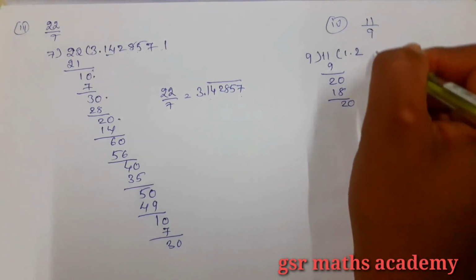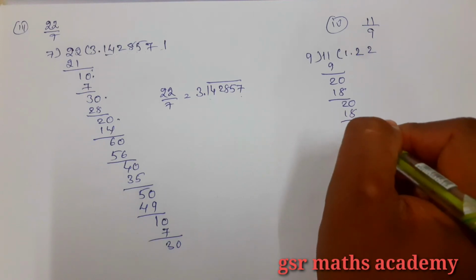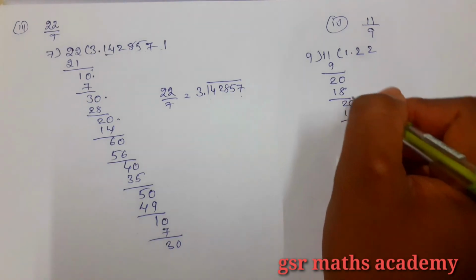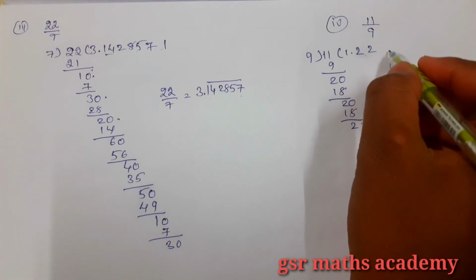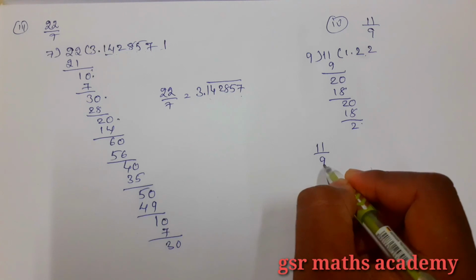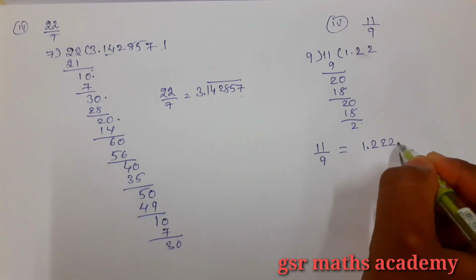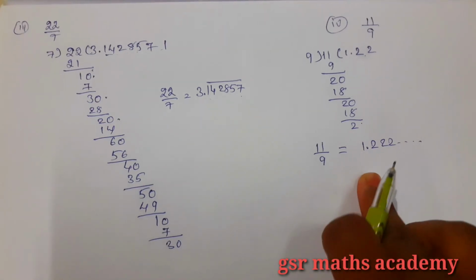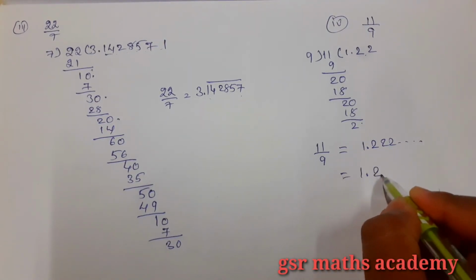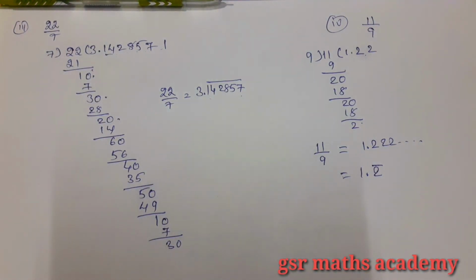On taking 0 it becomes 20. 9 twos are 18. So again you are going to get the same numbers. That means the 2 will continuously repeat. That means on converting 11 by 9 into decimal form, you get 1.222 and so on. That means it's a non-terminating repeating decimal. So this can be written as 1.2 bar, with the bar over the 2. This is how to solve this problem.